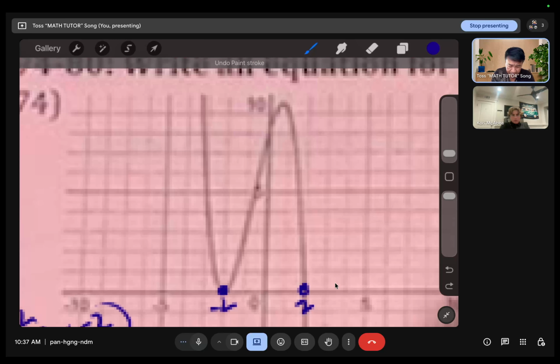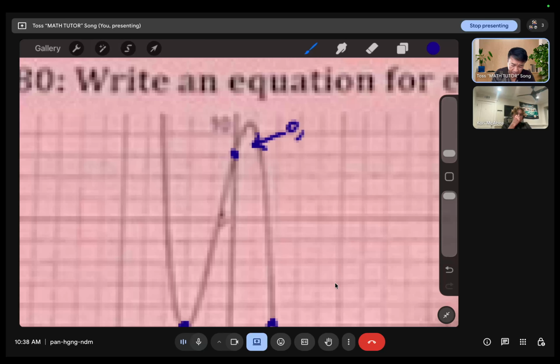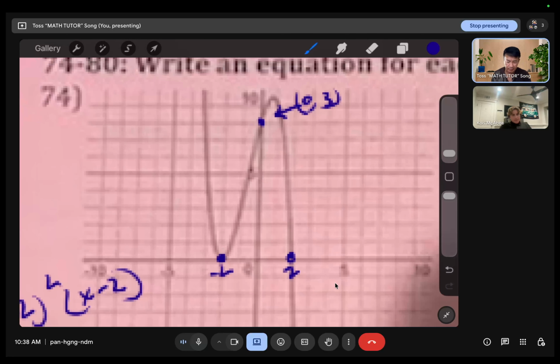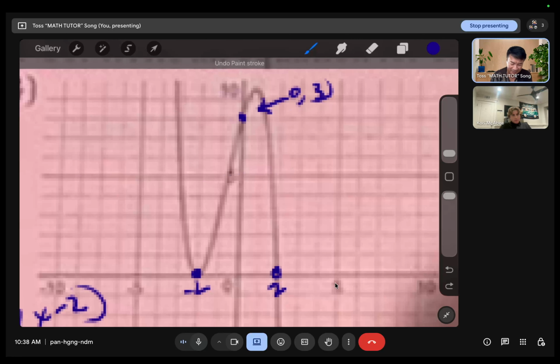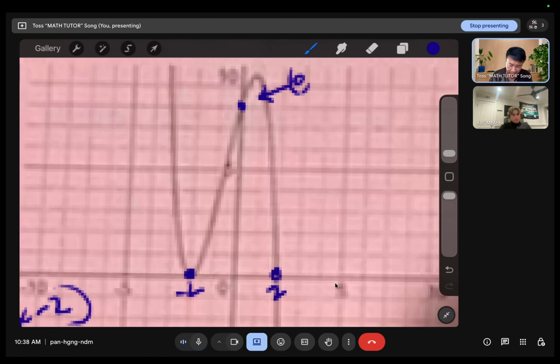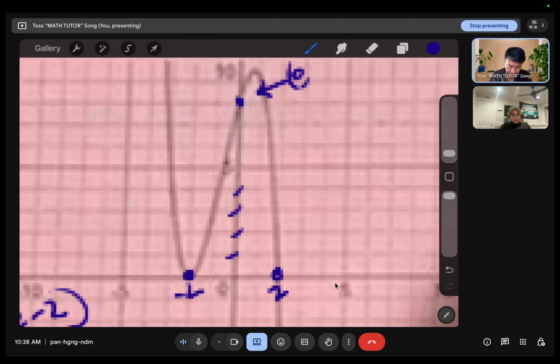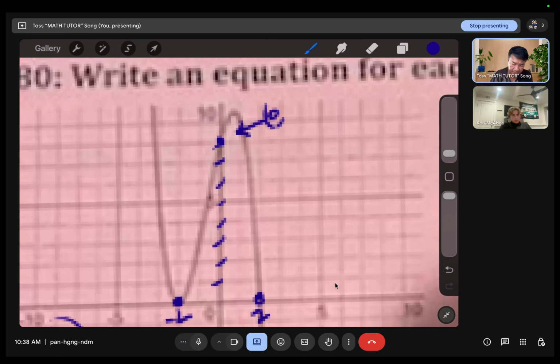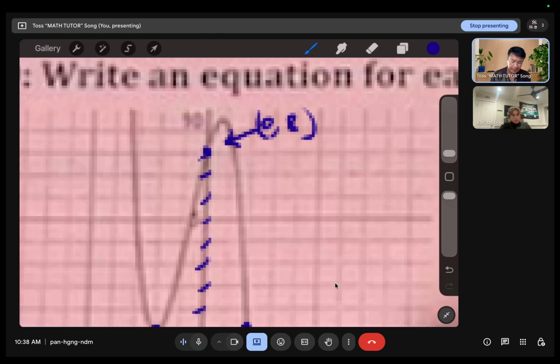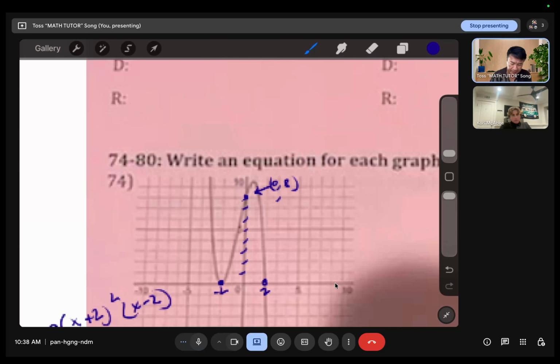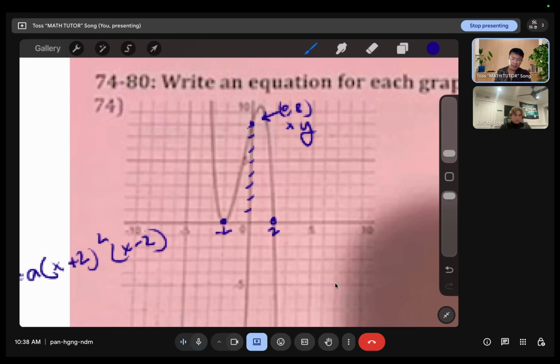This right here. Which is x being 0, y being 1, 2, 3, 4, 5, 6, 7, 8. Y being 8. So it's x comma y. Is that okay? So your x is 0, your y is 8.